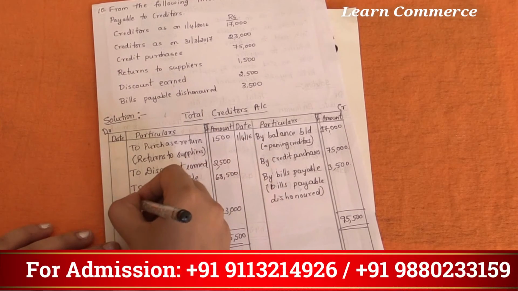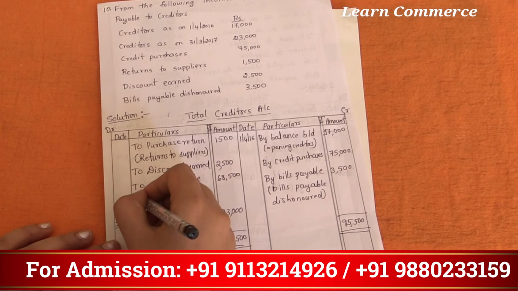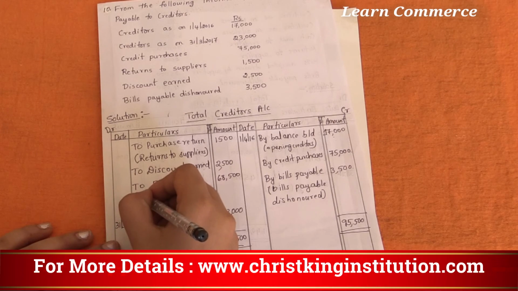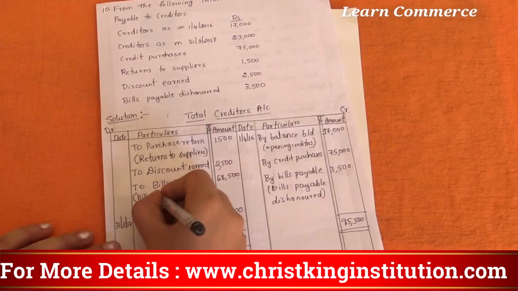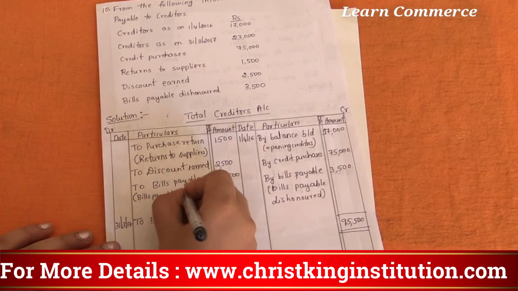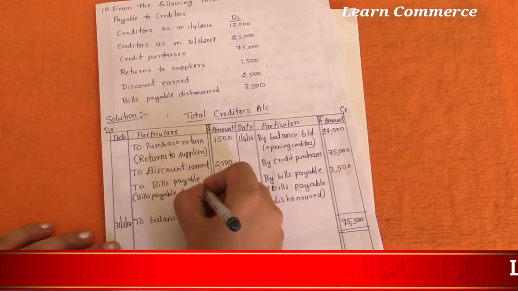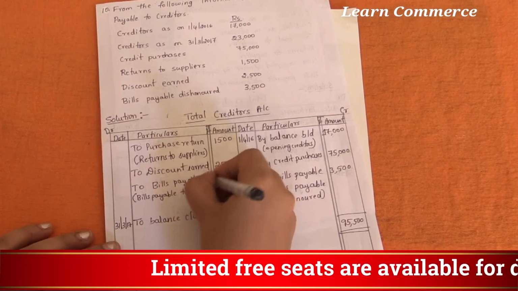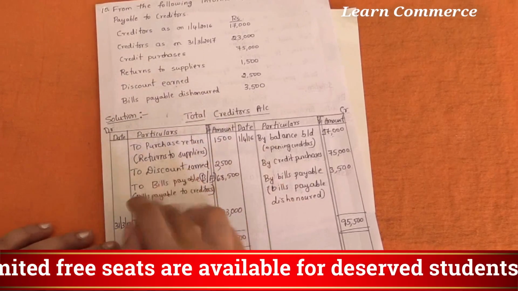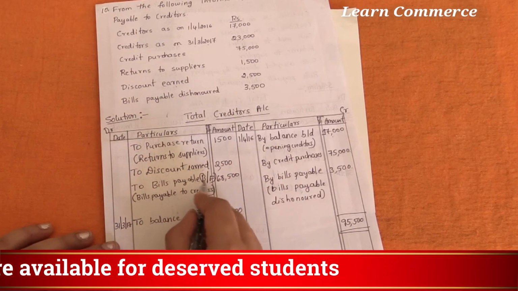Okay, this is nothing but to bills payable, in bracket write bills payable to creditors, close the bracket. This is nothing but the balancing figure, B bar F. To bills payable, B bar F, balancing figure.